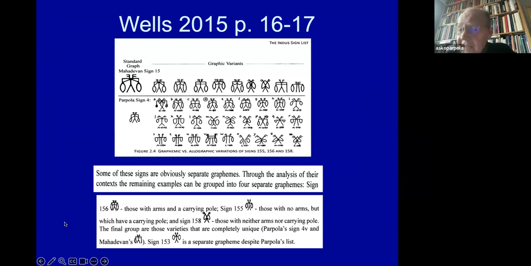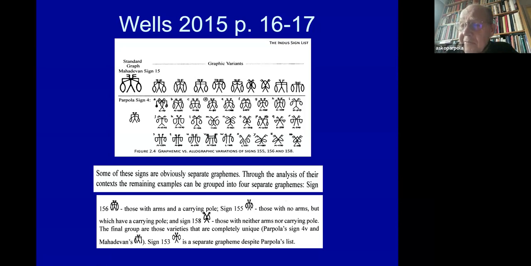Wells quotes in extenso Mahadevan's sign list, sign number 15 and sign 4 of my sign list with variant allographs and criticizes them as follows. Some of these signs are obviously separate graphemes. Through the analysis of their contexts, the remaining examples can be grouped into 4 separate graphemes.